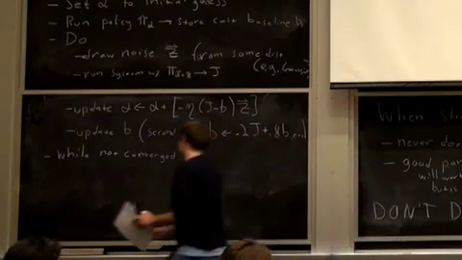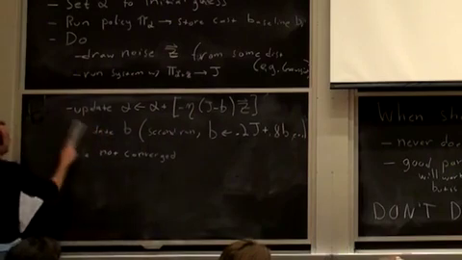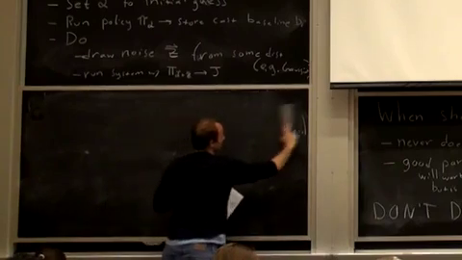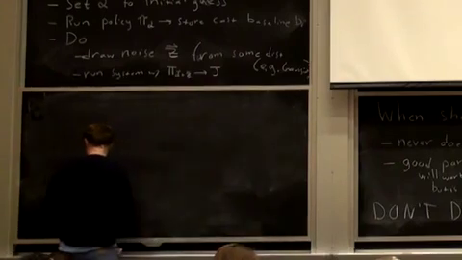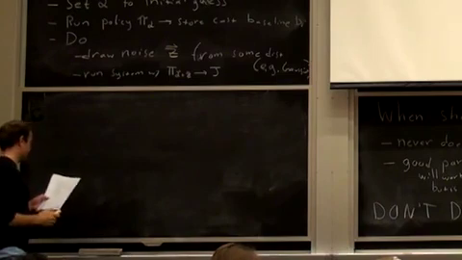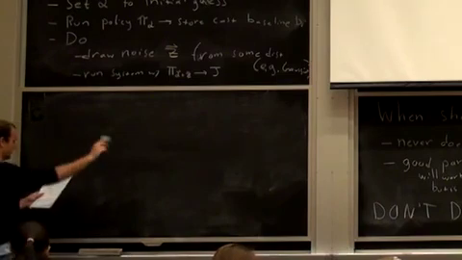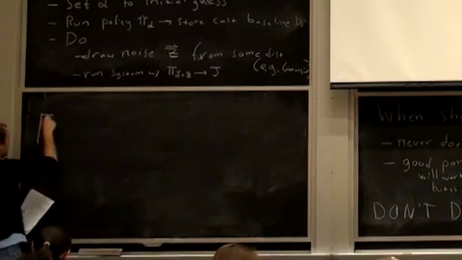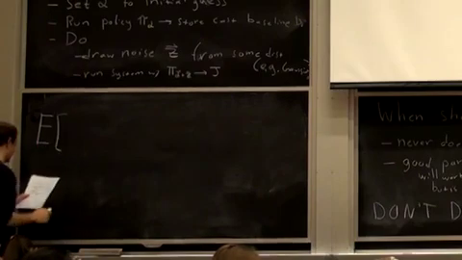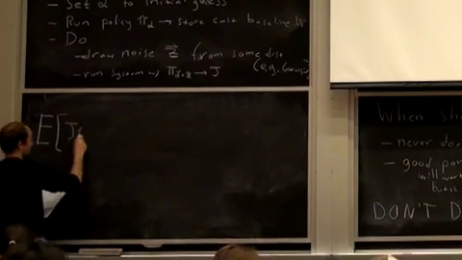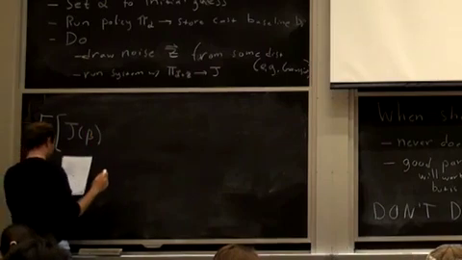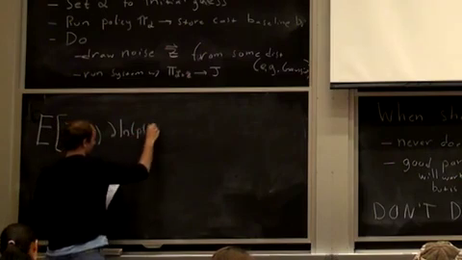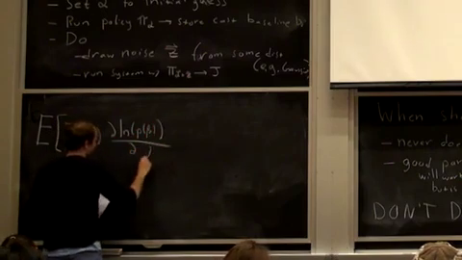I guess I can erase the pseudocode. So once you do that, if you look at that expression over there, what you can see is that it's the same as the expected value of j beta d ln p beta d alpha.